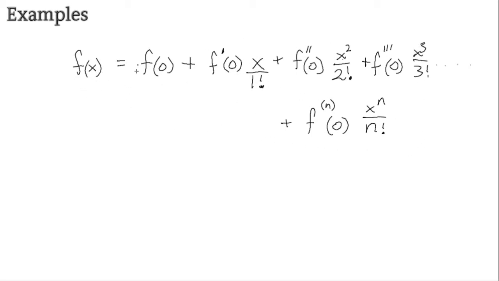Then after we've differentiated, this constant goes away, this x disappears because the power drops and you have x to 0, etc. Your constant becomes the first differential of 0.